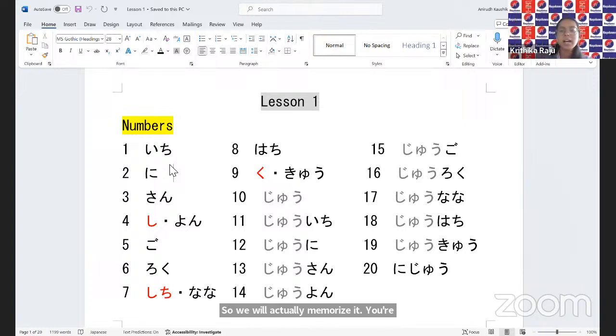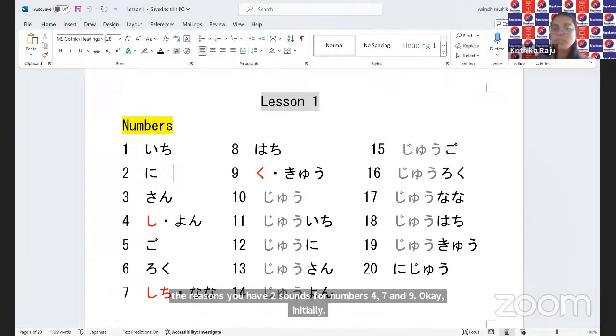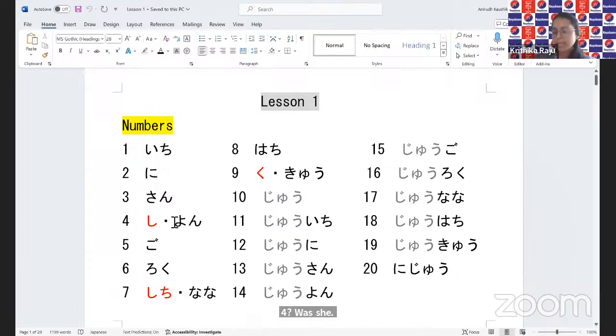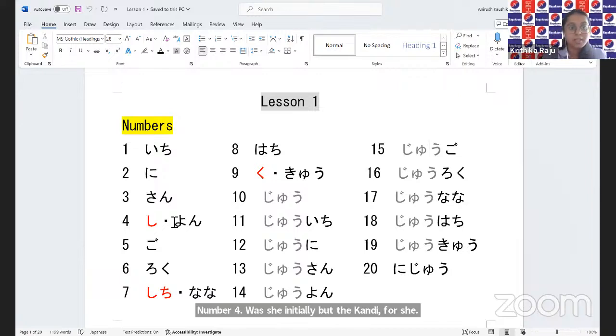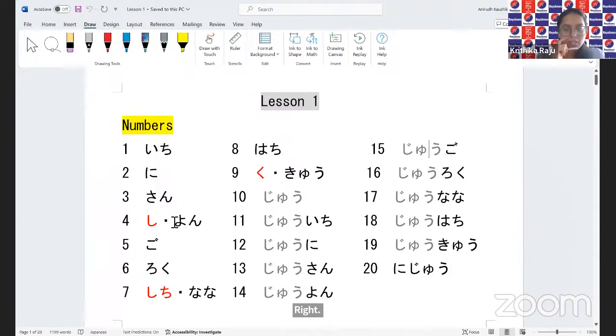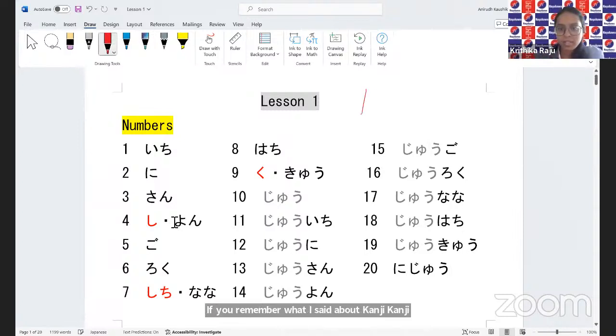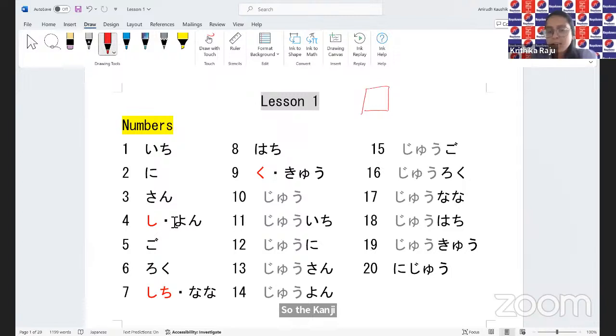So the reason you have 2 sounds for numbers 4, 7, and 9. Initially number 4 was shi, but the kanji for shi, if you remember what I said about kanji, kanji has meaning. I'm going to just use this box to denote a kanji. That kanji has certain characters and it has a meaning.